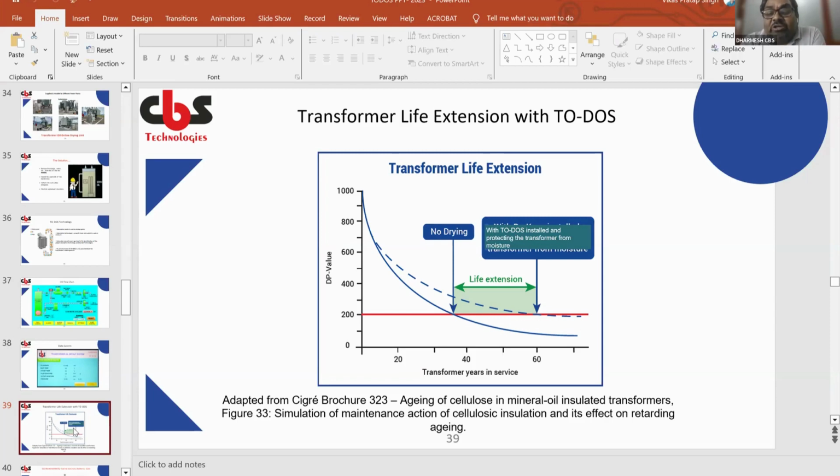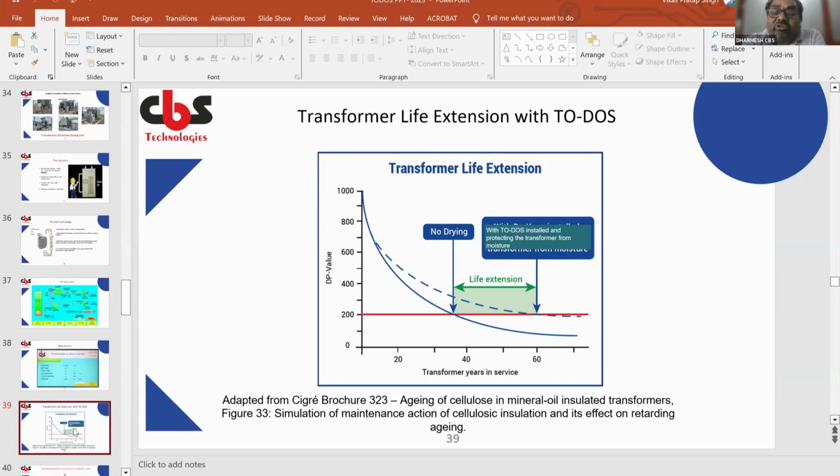How much money the government of India is saving, how much money the power utilities are saving with the same assets. So this, I suppose, can be considered a mandatory part of each of the transformers.